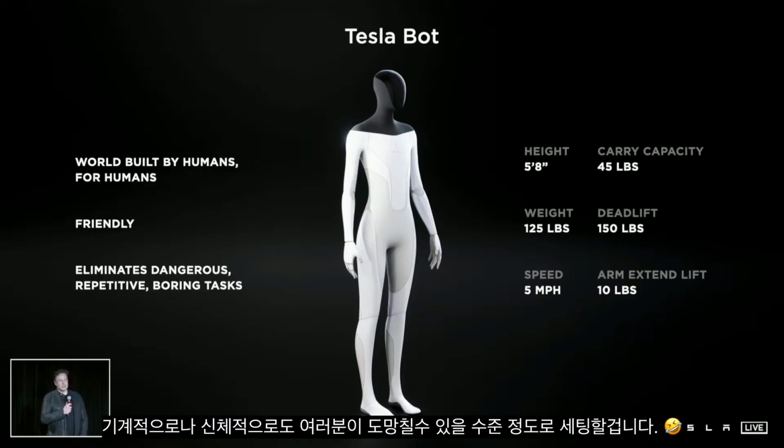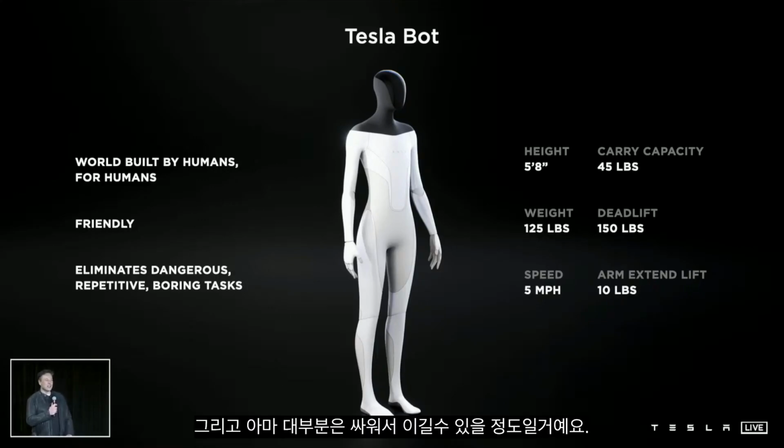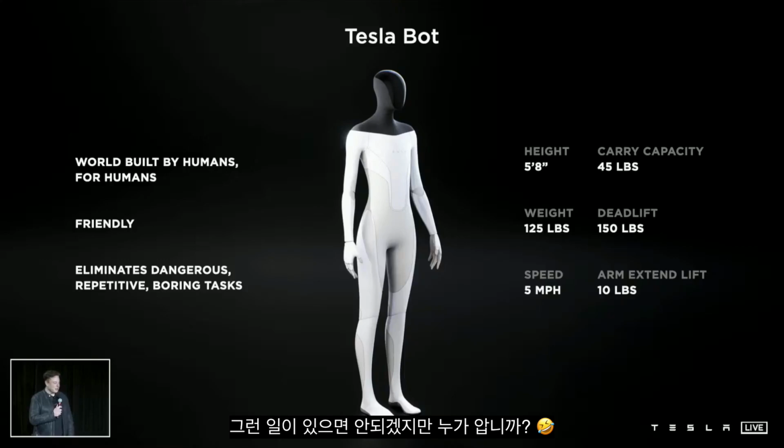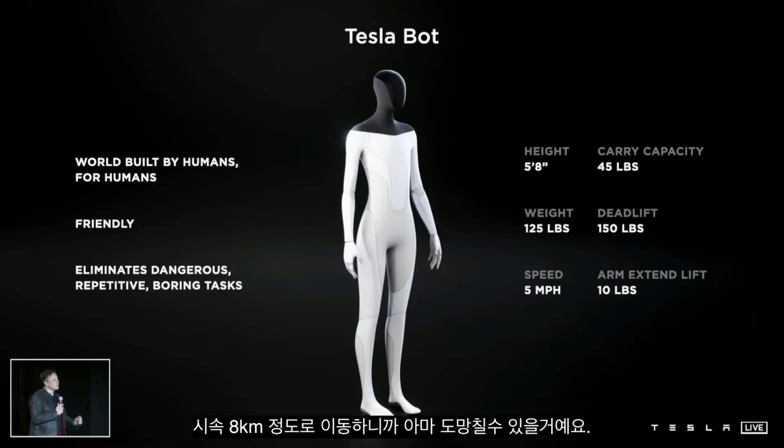We're setting it such that, at a mechanical level, at a physical level, you can run away from it and most likely overpower it. So hopefully that doesn't ever happen, but you never know. So it'll be a light, yeah, anyway, 5 miles an hour. If you can run faster than that, it'll be fine.